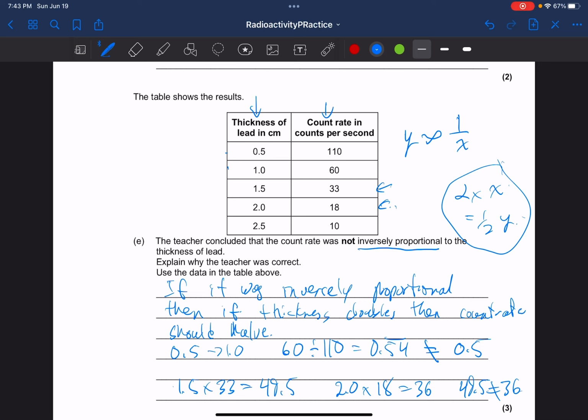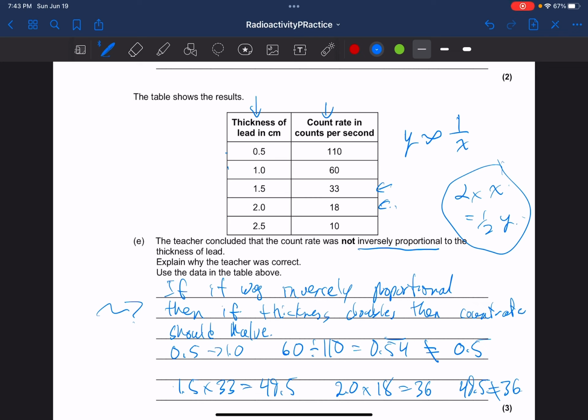So there has to be an understanding of how you're figuring this out and what inversely proportional means, and a mathematical way to prove that it isn't. Both of these ways are valid. You don't have to do both of them. You would still get credit for the answer.